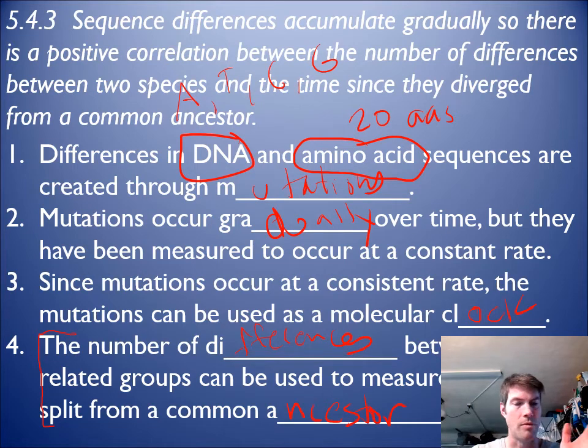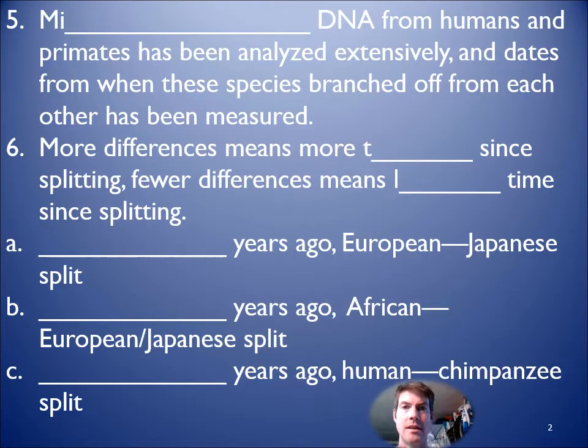Chimpanzees went one way, we went the other, and gradually started changing. We can calculate that time by how many differences there are between our amino acids in DNA and chimpanzees' amino acids in DNA.